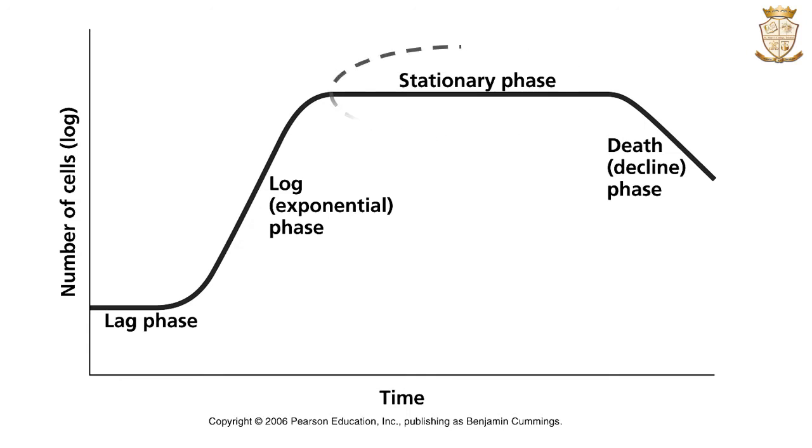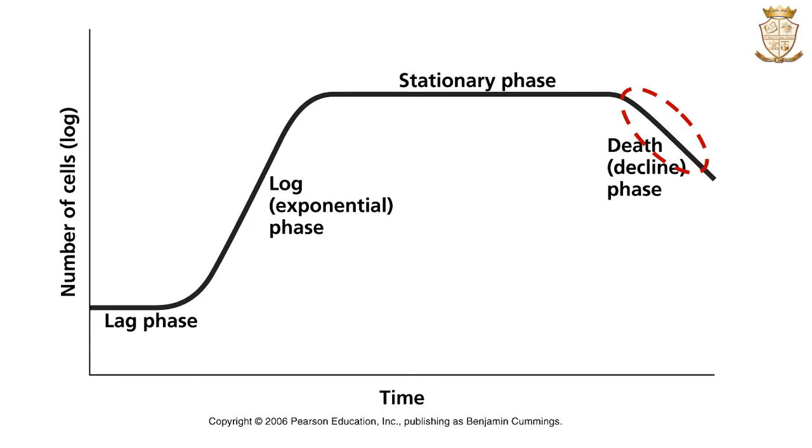And after stationary phase comes the death or the decline phase. If the conditions, that is the metabolic waste accumulation, the lack of nutrients, etc., are not altered, then the population will enter the decline or death phase.